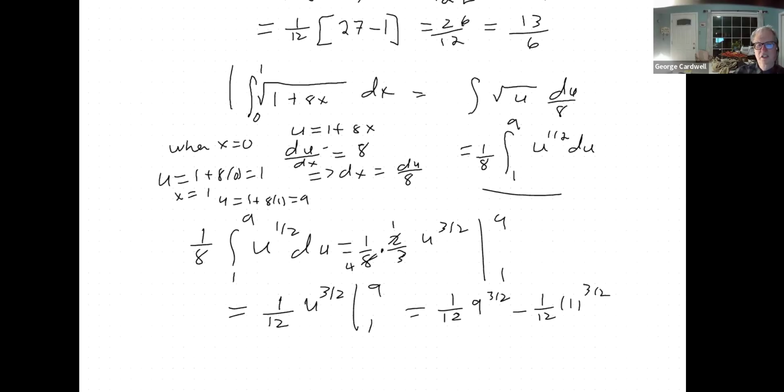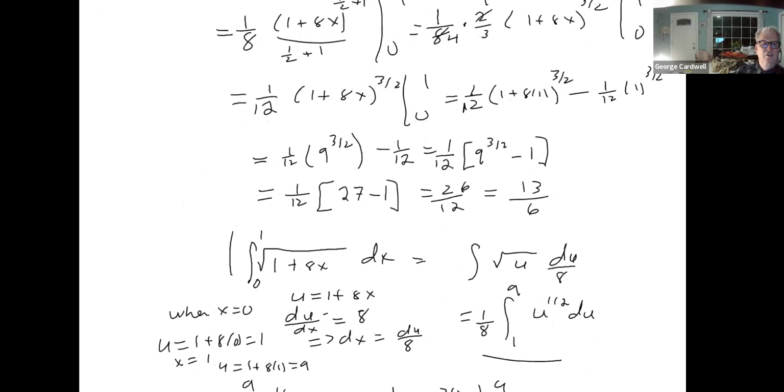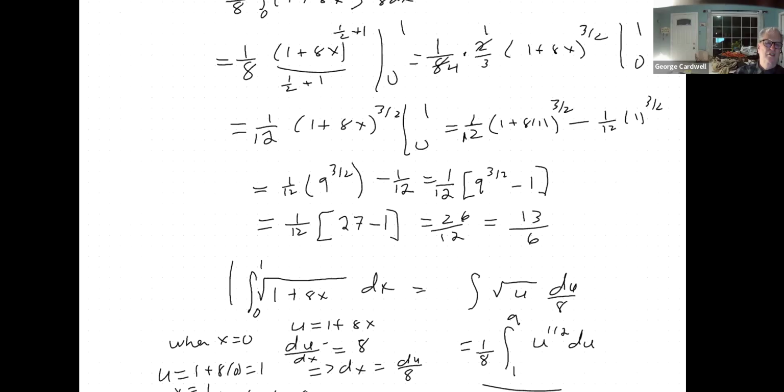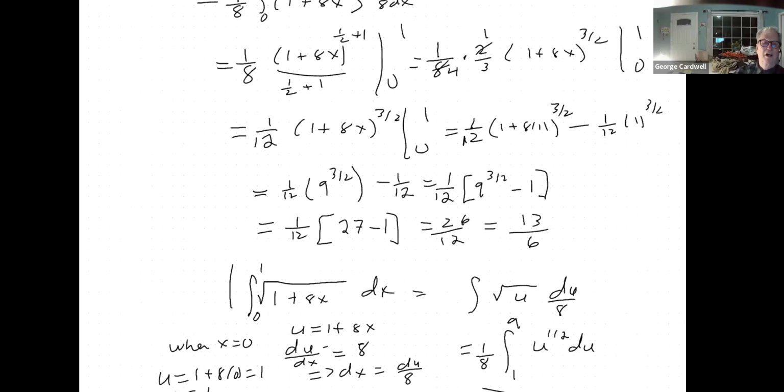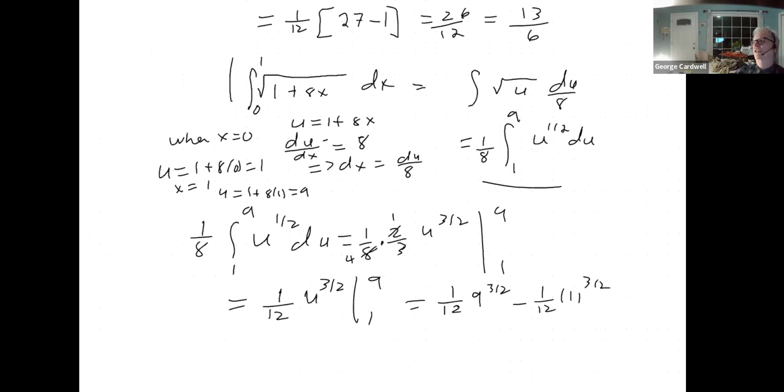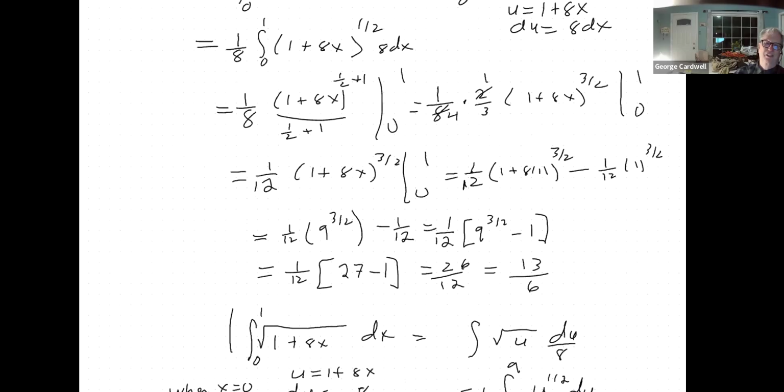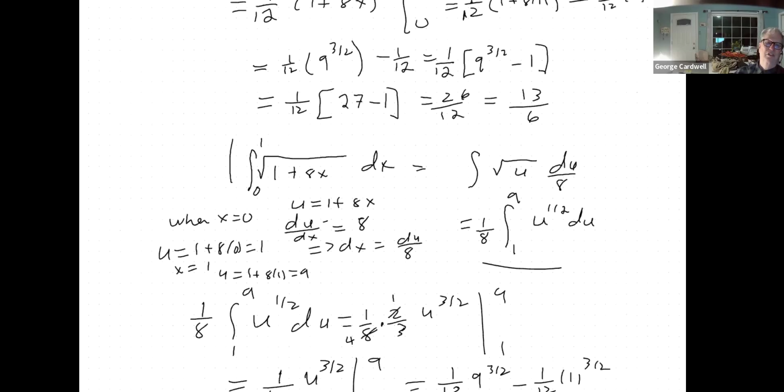And you can see, when I did it my way, I got that same result, right? 1/12, 9 to 3 halves minus 1/12. Okay. That's why I say the two methods are really logically equivalent, because I know some people teach it like I do, especially us older guys, and other people tend to do it this way.